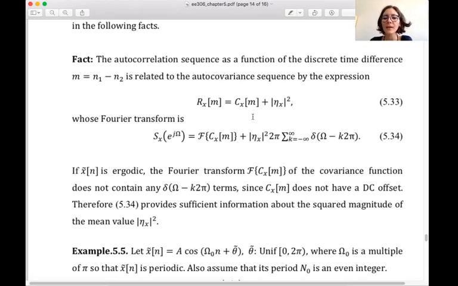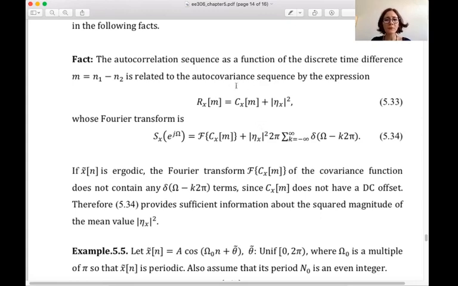What does this mean again? Some typical cases are Cx of m might have some oscillatory behavior around the mean value 0, or in some cases Cx of m might have some transient behavior and converge to 0 as m goes to infinity. But Cx of m cannot converge to something other than 0. In other words, it cannot have a DC offset.